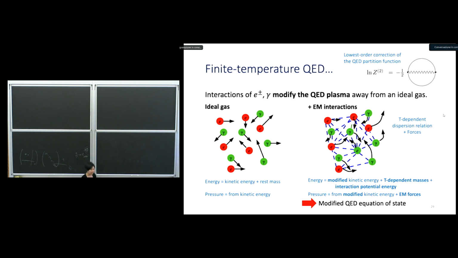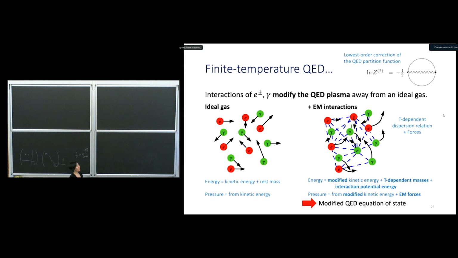Furthermore, if I have something here that is providing an electromagnetic potential, and you have another particle that is feeling that potential, then you will also have forces. And these forces tend to change the paths a little bit, so that you don't have straight lines, but the paths are slightly bent.